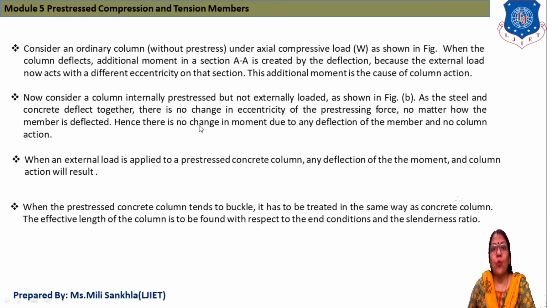Hence, there is no change in moment due to any deflection of member and no column action, because here the compression in concrete and tension in tendon are balanced to each other in second case. In first case, the column is subjected to only and only external load, and because of that moment is induced, and because of that deflection will occur.